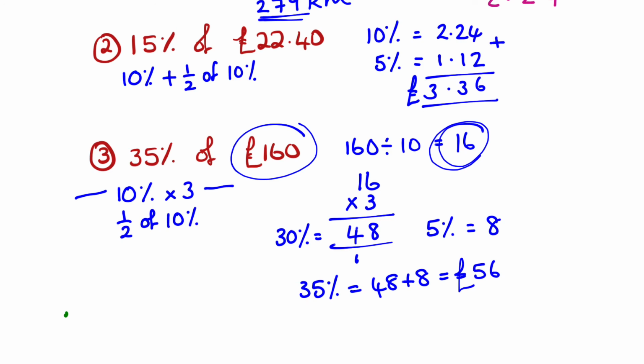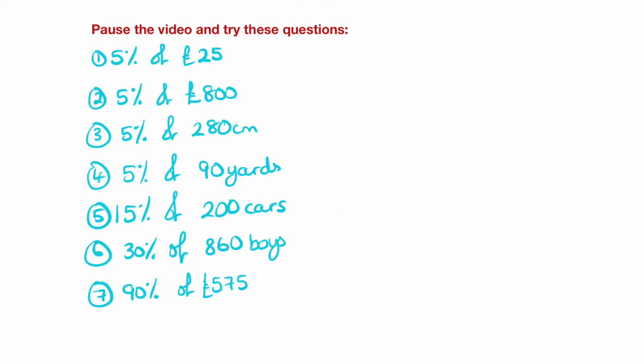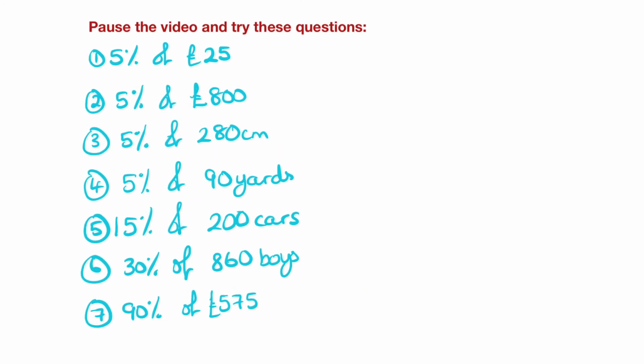Okay, so we will have chance to practice more of this at other times, but what I want you to do just now is try these ones. These are not as complicated as the ones that we just looked at. So the first 4 are just 5%. Remember that 10% you divide by 10. 5% you find in a half of 10%.